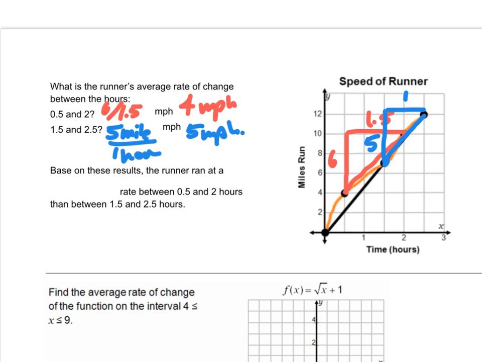So it says, based on these results, the runner ran at a rate between 0.5 and 2 hours. Okay, so which one ran faster? The later one seemed like they were running at a little faster pace. So the rate between 0.5 and 2 was slower than the rate between the other ones. So the rate was slower.